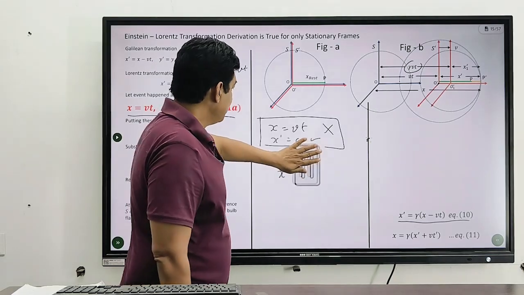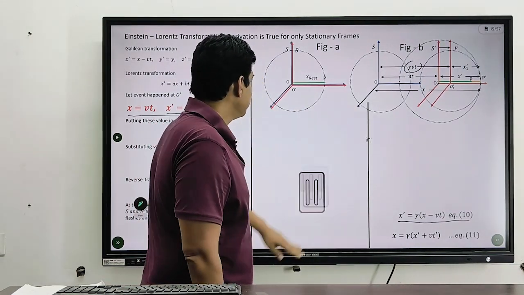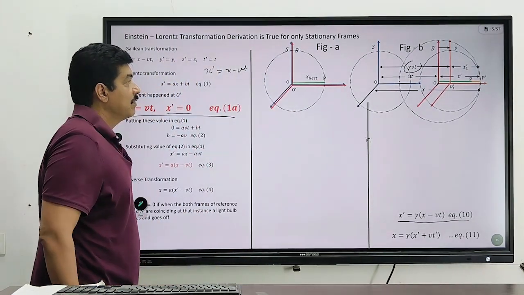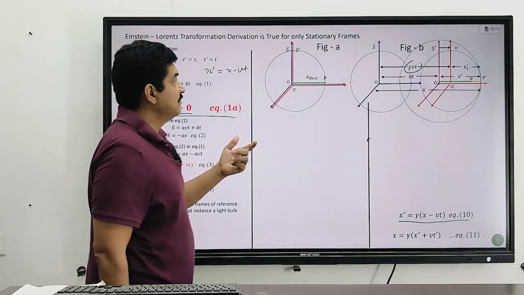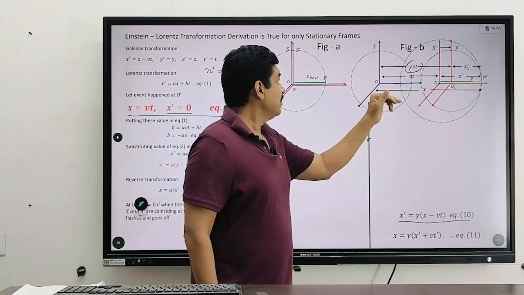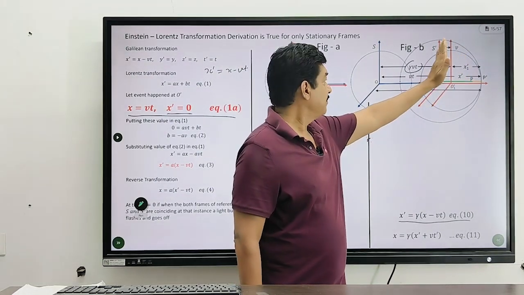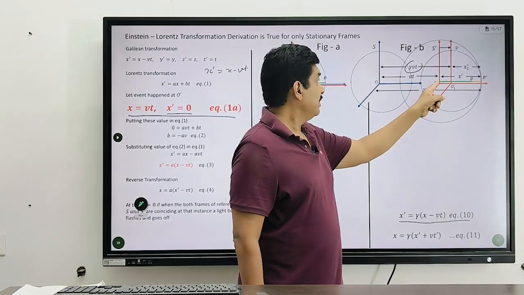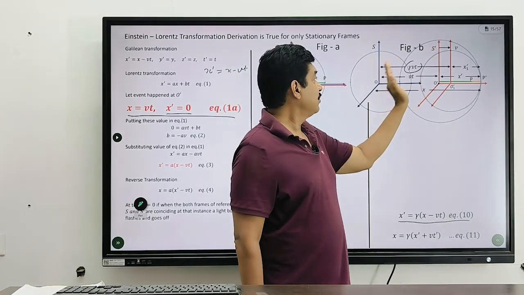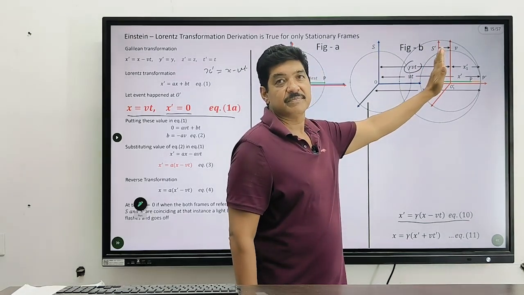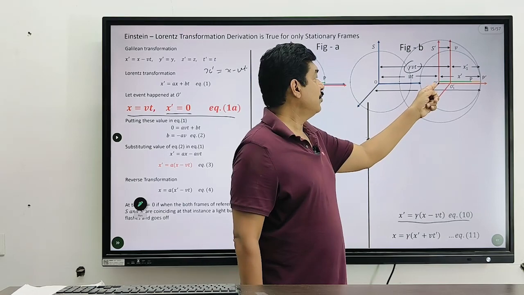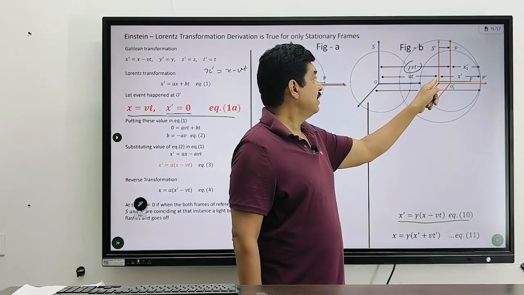So let us see here. x is equal to Vt is when this is stationary, there is no transformation. Once it moves from here to here and stops, then this O prime will not transform, it will remain here.